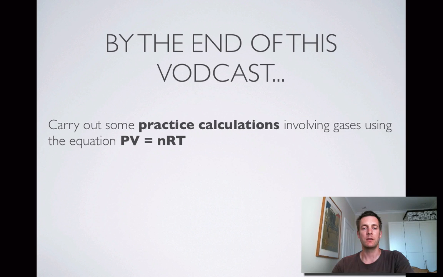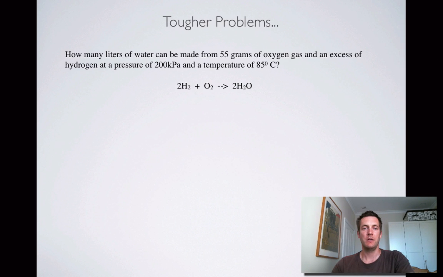So here comes a practice calculation. How many litres of water can be made from 55 grams of oxygen and hydrogen at a pressure of this and a temperature of this? Well, let's have a go. How many litres of water? We're being asked to find a volume. Here's our water, here's our oxygen, and we can see, in a stoichiometric ratio, 2 to 1.